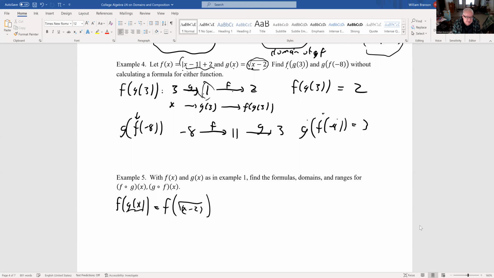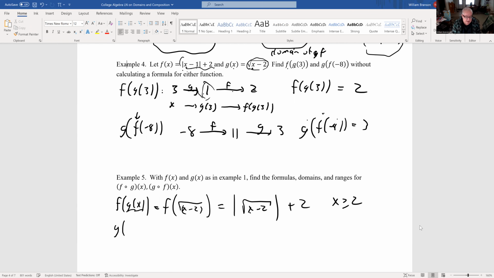And then that means we plug this in for X in that formula, which is absolute value of square root of X minus 2, absolute value plus 2. So there's the formulas. What's the domains and the ranges? Well, looking at this, we just need X bigger than or equal to 2, right? Because that's the domain of G, every X greater than or equal to 2. Domain of F is all reals. Okay.